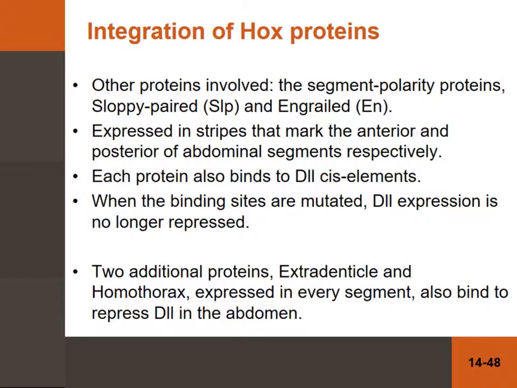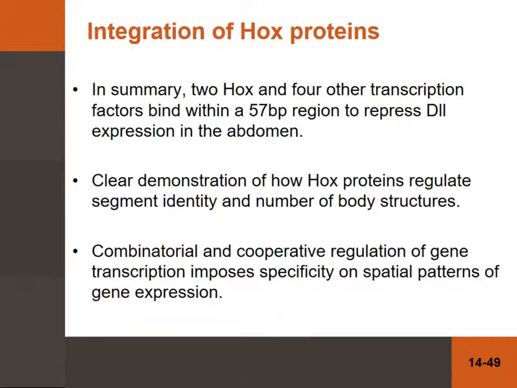When the binding sites were mutated, then Distal-less expression is no longer repressed in some of those segments. Two additional proteins were also found to be involved, extradenticle and homothorax. They're expressed in every segment, and they also bind to repress Distal-less in the abdominal region.